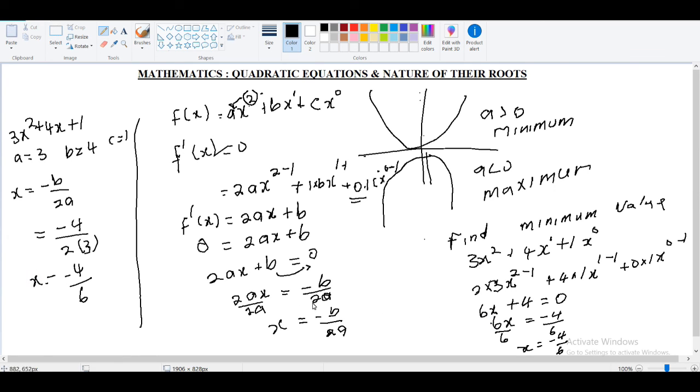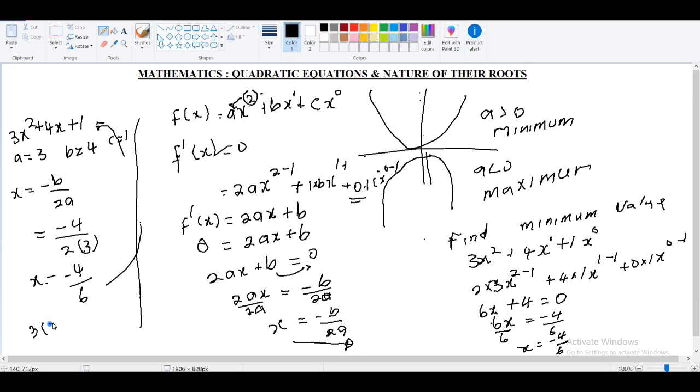So this equation is used to find the x value of any turning point, or the x value of your maximum point. Then to find the y value, you take this x and put it back into your equation. Where there is x, you put that value and find the corresponding y value.